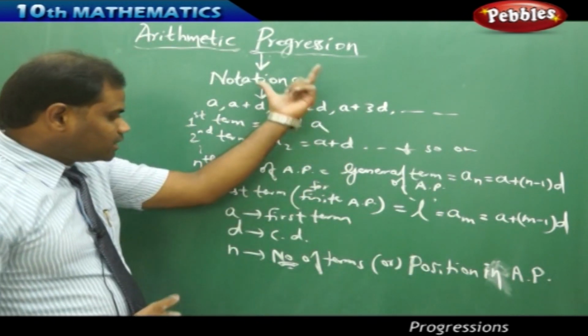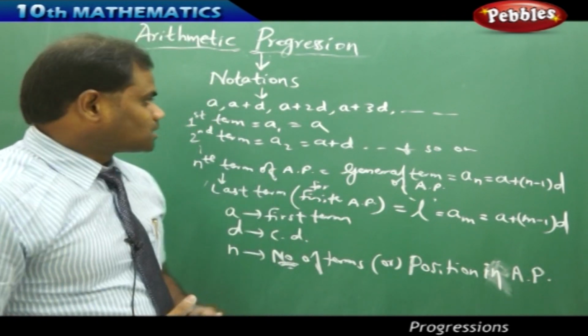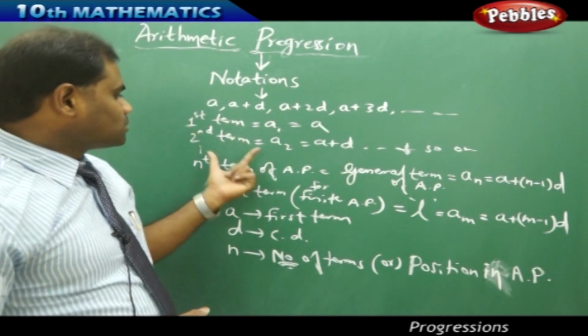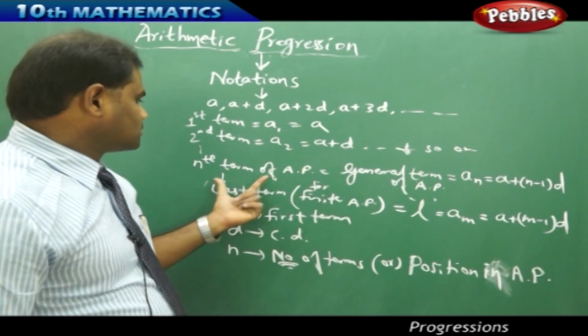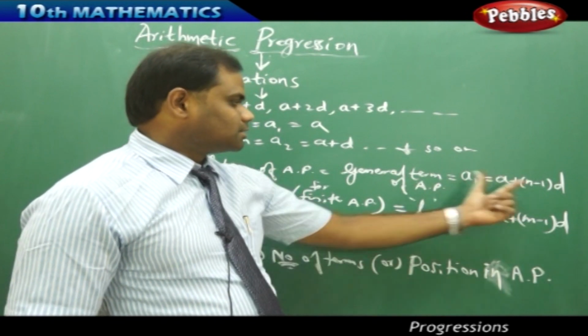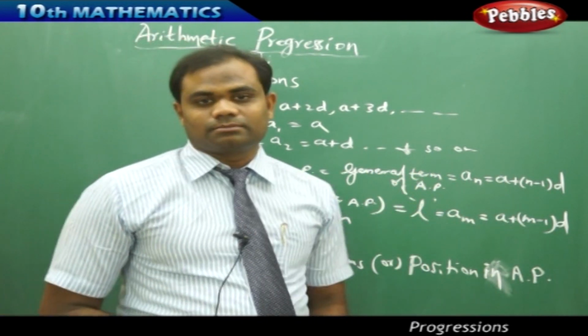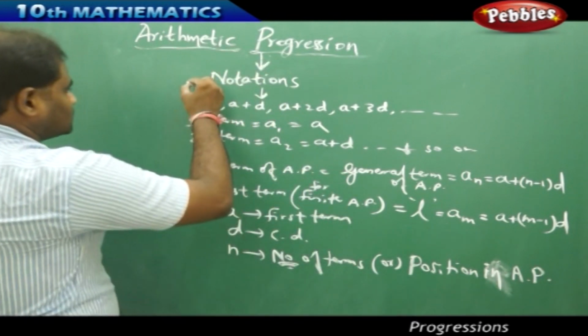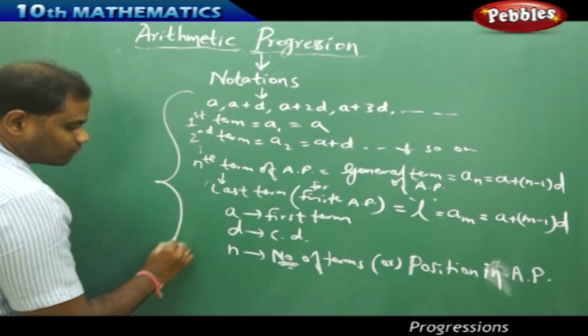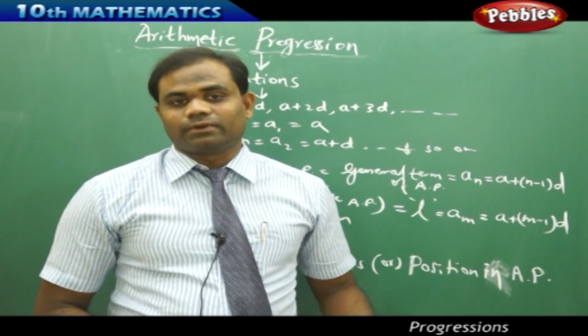So we need to know each of these notations when we do the problems, starting with the general form, each of the terms, the last term, the nth term, which is called the general term, the first term, common difference, and number of terms. This forms the complete understanding of arithmetic progression in terms of respective notations.